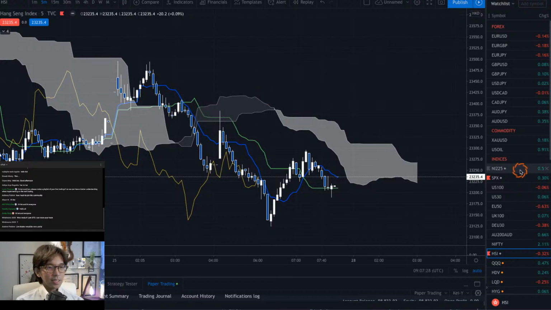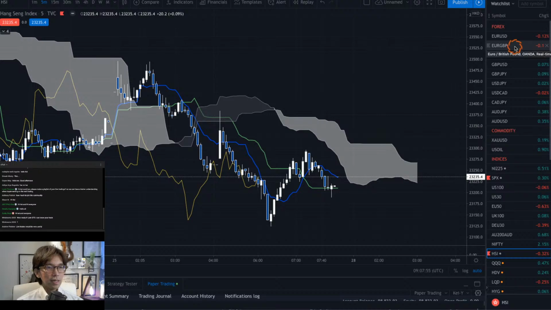Alright, so let's get started now. So today is a Fibonacci retracement, and as far as I see these pairs, I don't find any trends. So I watched these major pairs: Euro USD, Euro GBP, Euro JPY, GBP USD, GBP JPY, USD JPY, USD CAD, CAD JPY, AUD JPY, AUD USD.